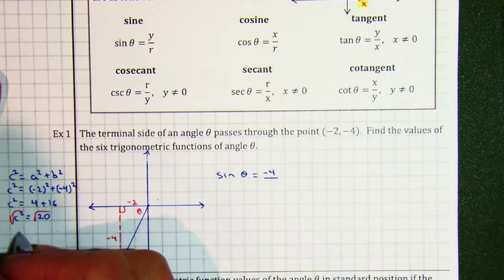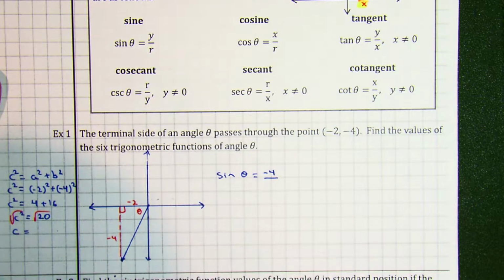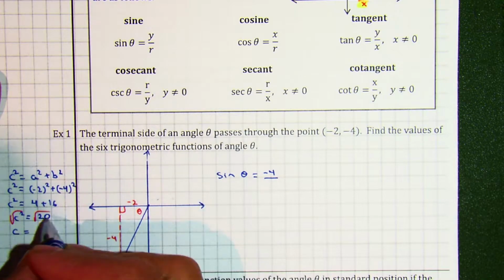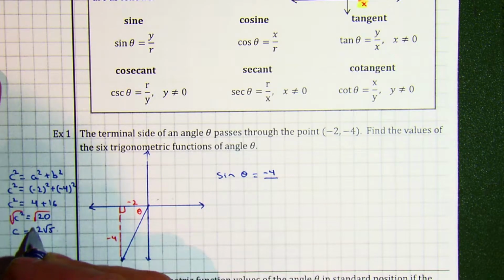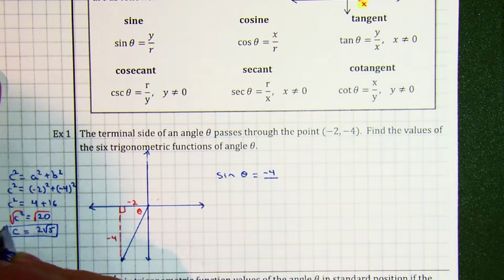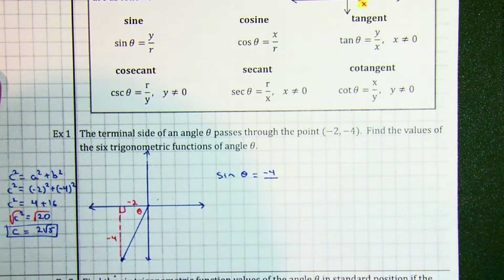Your radius will always be positive. So even though we should end up with plus or minus, the square root of 20 is square root of 4 times square root of 5. So it'll be 2 square root of 5. And we don't need the plus or minus, our radius will always be positive. So therefore, this will be 2 square root of 5.